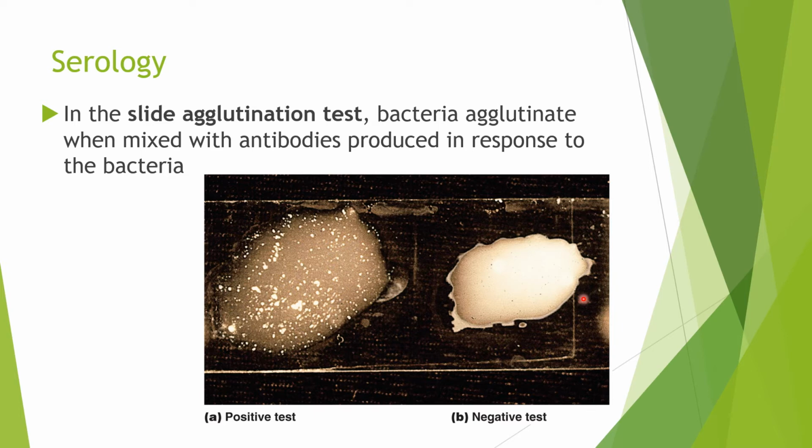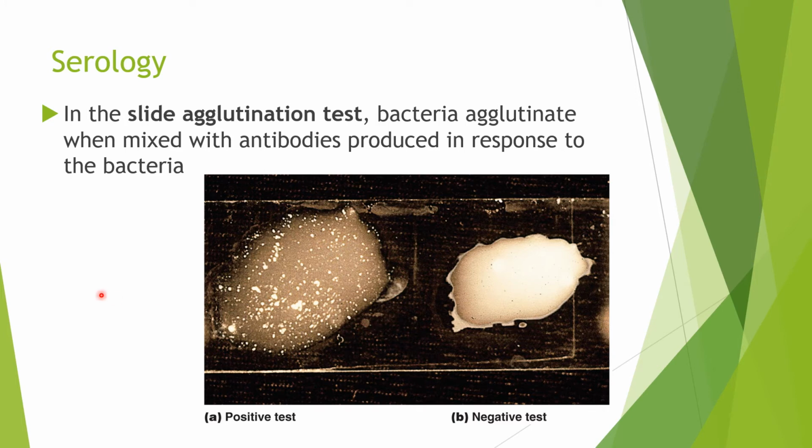And so this test can be done by first placing, let's say, a swab of a patient's throat, which might have bacteria, smearing it on the slide, and then adding a known antibody.